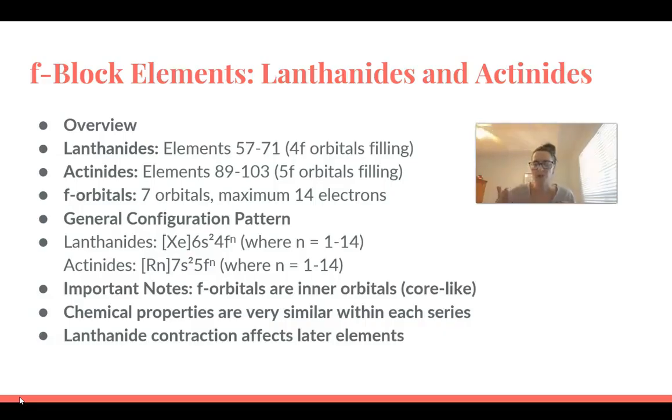So shielding would be if there's more energy levels, then those electrons would block the pull from the nucleus on the outermost valence electron. But because of the position of the f sublevels, when electrons are in there, they shield very poorly. So there's actually more of a pull on the valence electrons than would be expected. And that's called lanthanide contraction, resulting in smaller atomic radii than would otherwise be predicted.